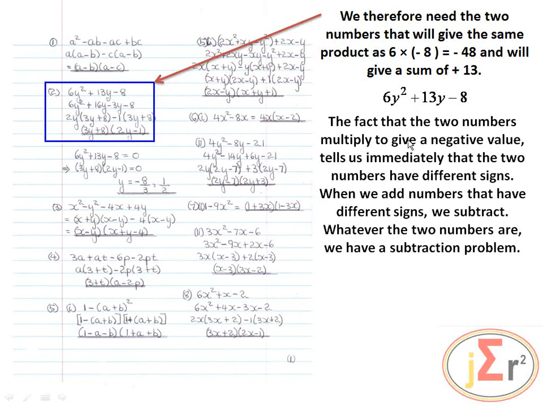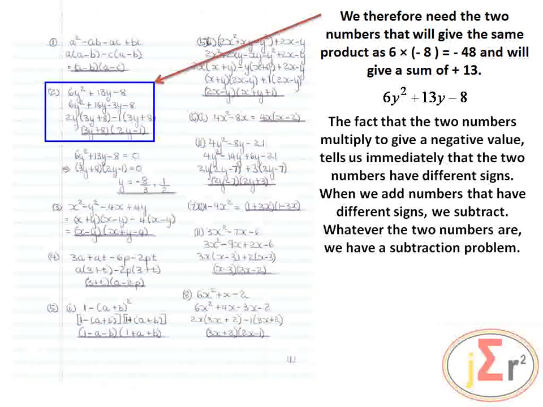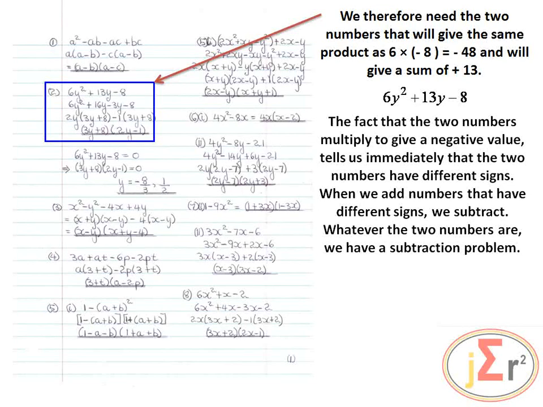So the fact that the 2 numbers multiply to give a negative value tells us immediately that the 2 numbers have different signs. When we add numbers that have different signs, we subtract. Whatever the 2 numbers are, we have a subtraction problem, because they have different signs. When we add them, as a consequence, we will have a subtraction problem.